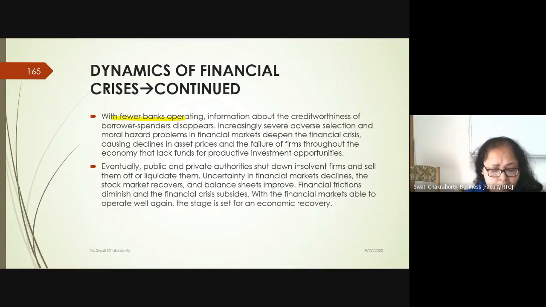With few banks actually operating, information about the creditworthiness of borrowers disappears. Increasingly severe adverse selection and moral hazard in financial markets deepen the financial crisis, which results in a decline in asset prices and failure of firms throughout the economy that lack funds for productive investment opportunities. So ultimately, public and private authorities shut down all the insolvent firms, sell them off or liquidate them.